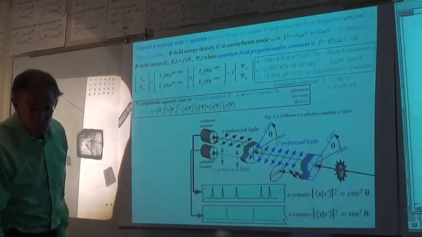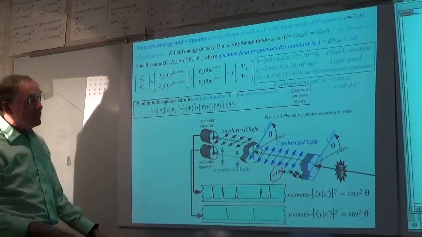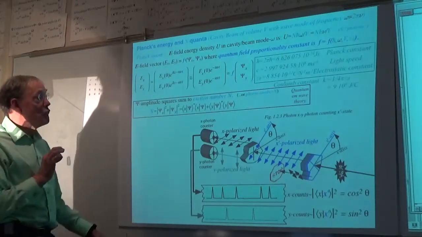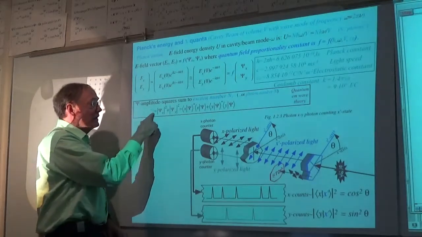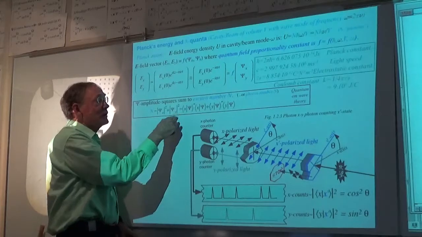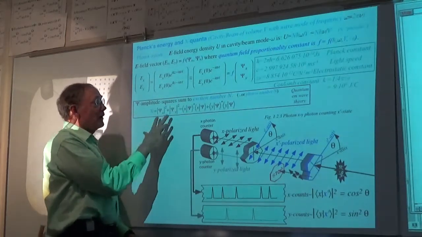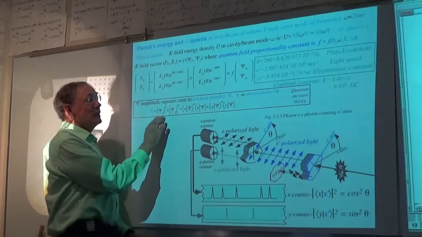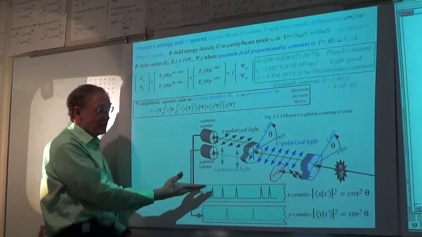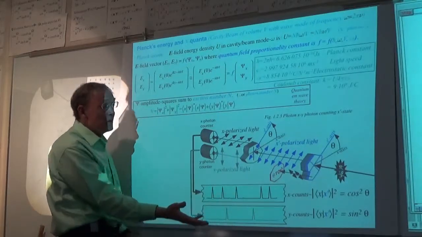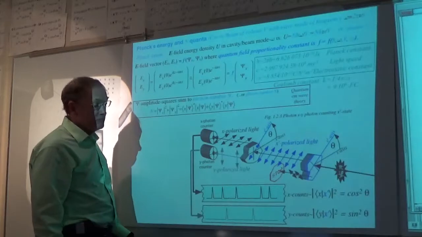Okay, so here's the deal. Somehow we've got to show that this idea, it's really Ehrenfest, Born, and a bunch of other people who were developing the idea of probability, which comes down to basically the number of counts per square meter per second.